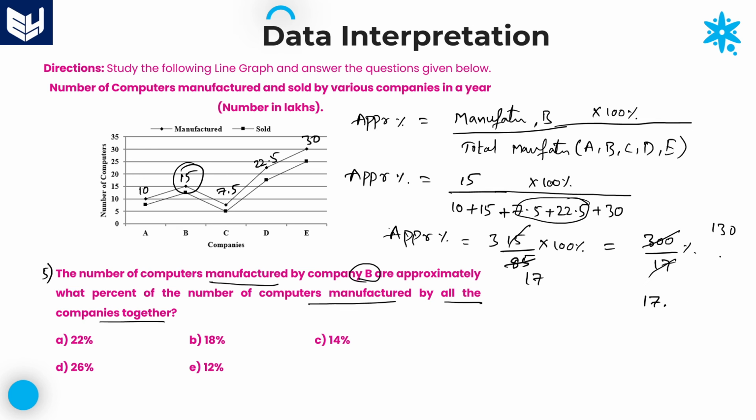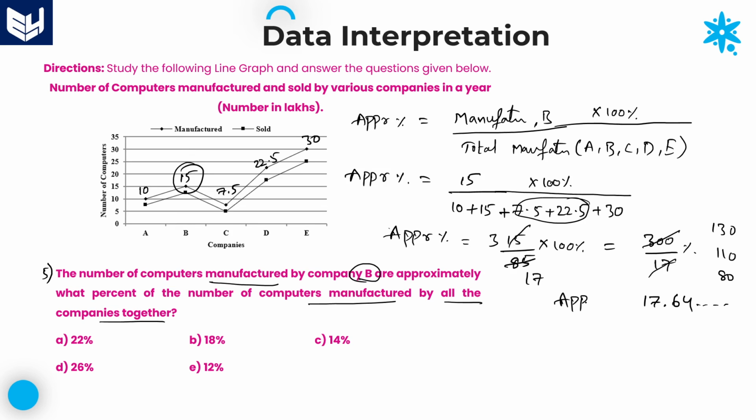Still 11 is left over, 110. 110 means 17 sixes, that is 102. Still 8 is left over, 80. 80 means 17 fours. It means we need to calculate the approximate answer.